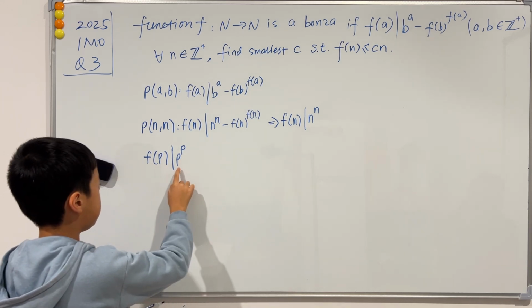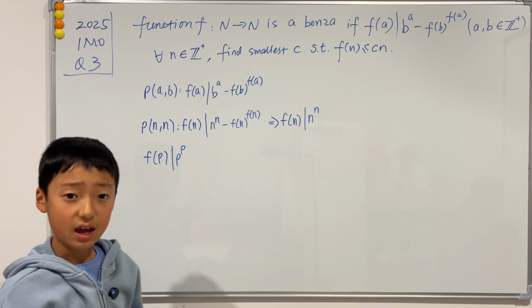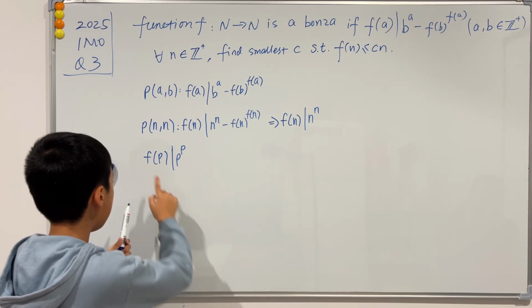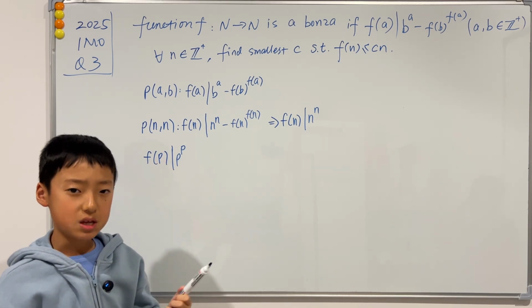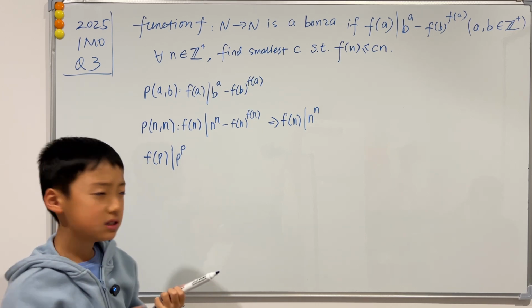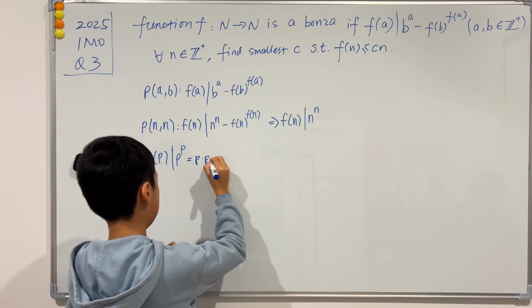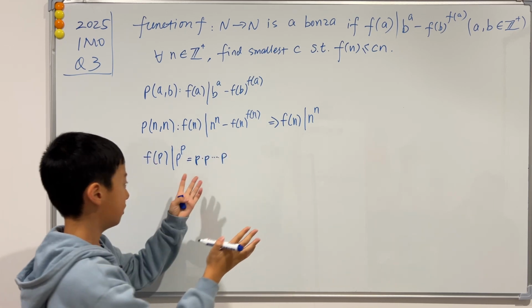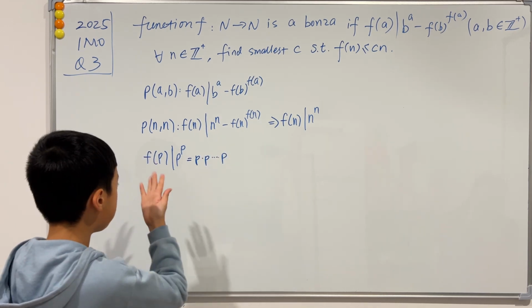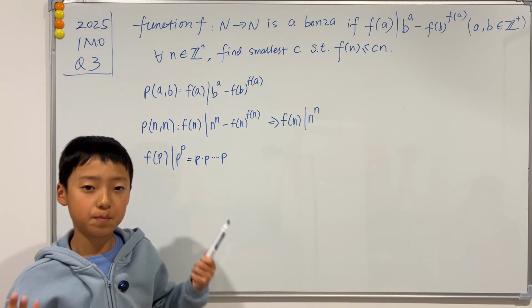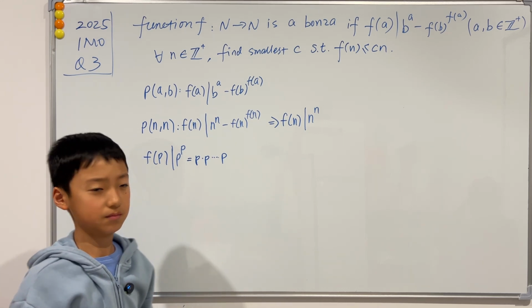If this is p^p, then we must know that f(p) must be some power of p, right? Because this is just p times p times p lots of times.